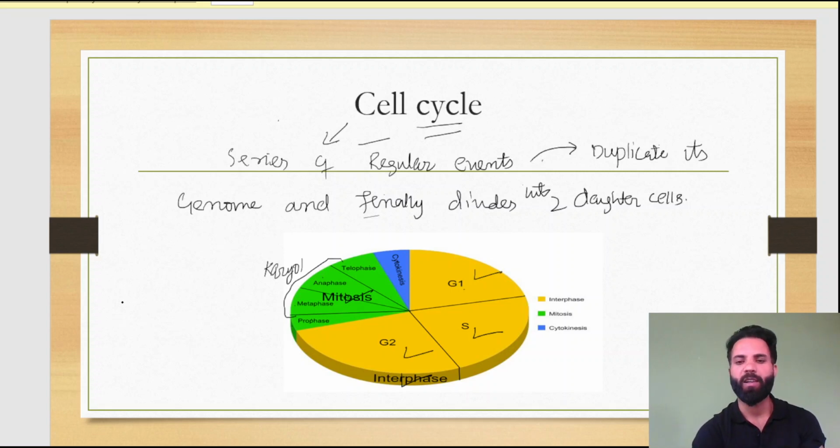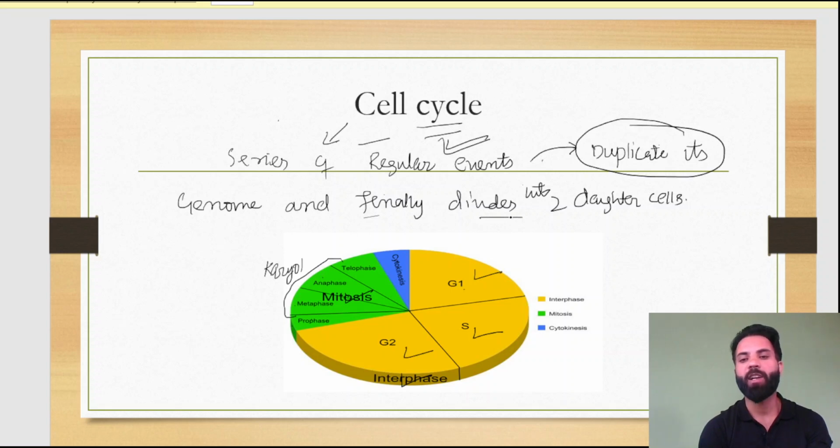Now what is a cell cycle? As we know, the cell cycle is simply a series of regular events in which the cell duplicates its genome, and finally the cell divides into two daughter cells.